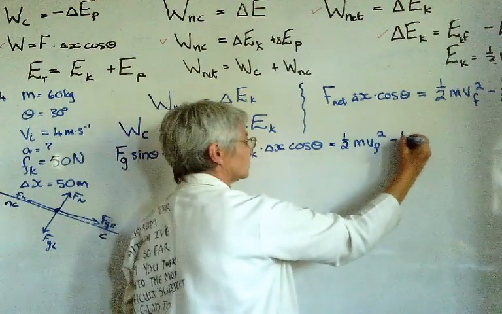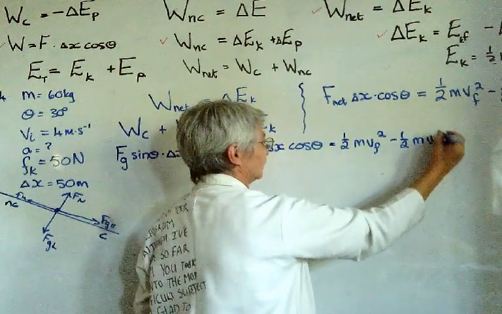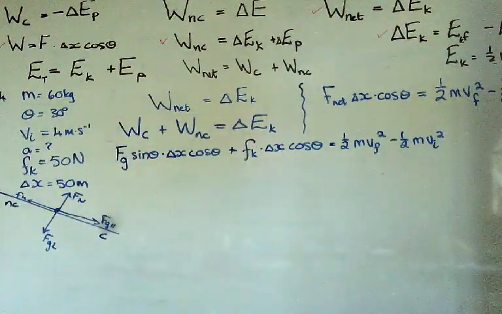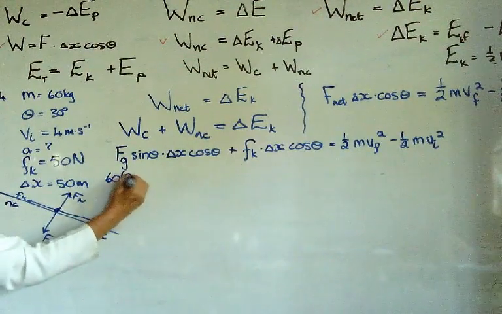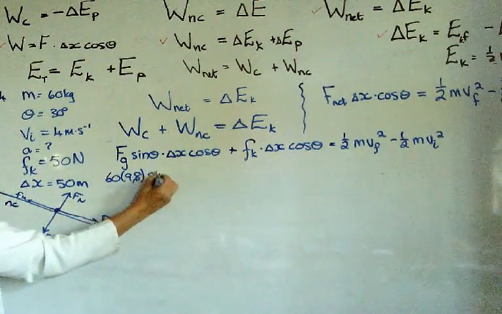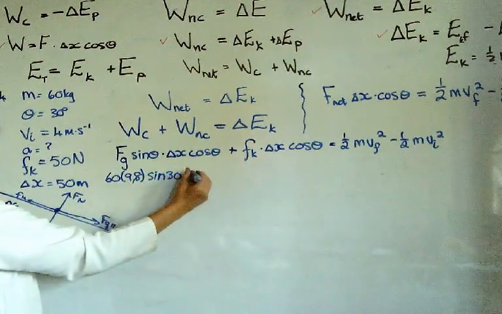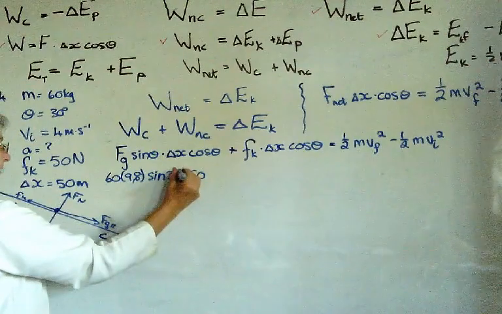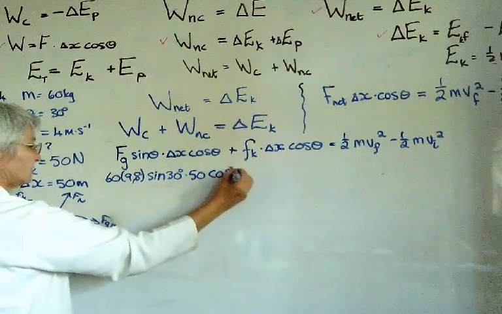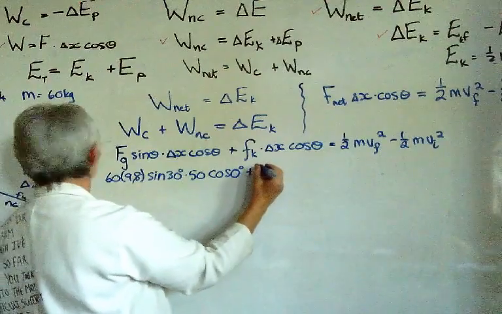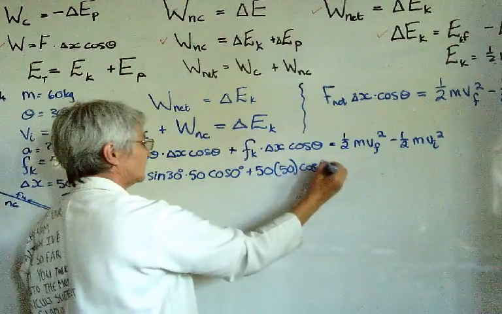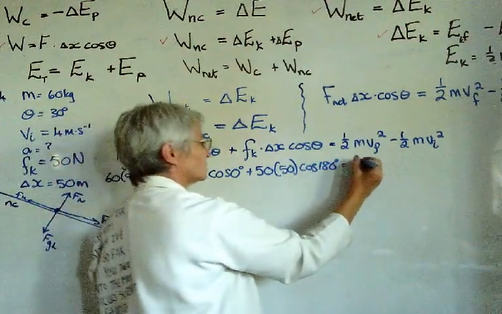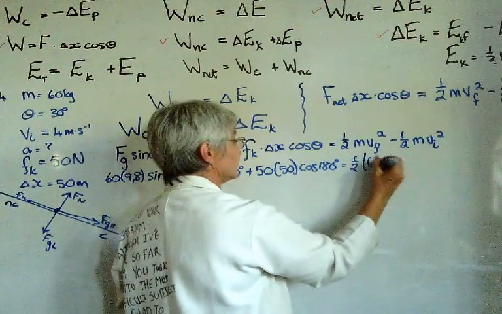It is 4. So this is 60 times 9.8 sine 30 times 50 cos 0, plus 50 times 50 cos 180, equals a half times 60 Vf squared minus a half times 60 times 4 squared.